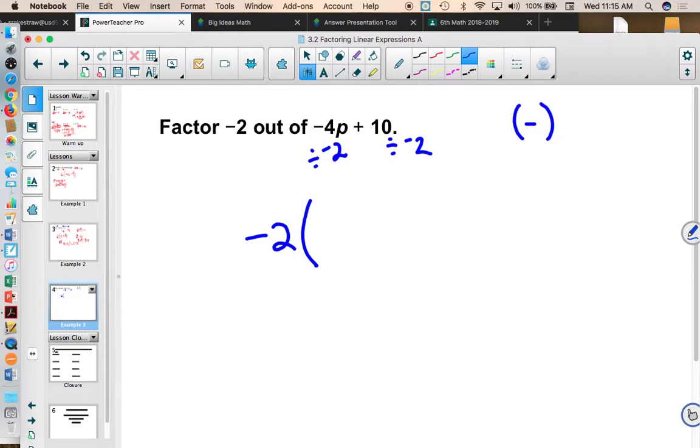Drew, use your calculator. What is -4 divided by -2? And don't forget your variables. What is -4 divided by -2? Class? 2p.